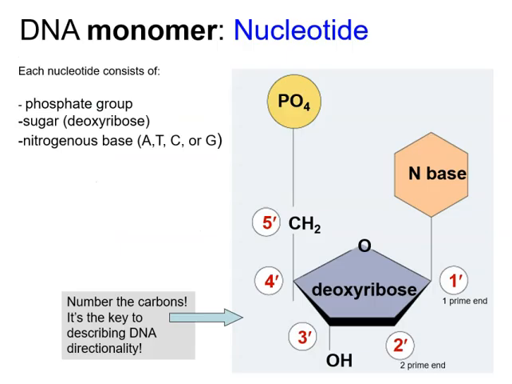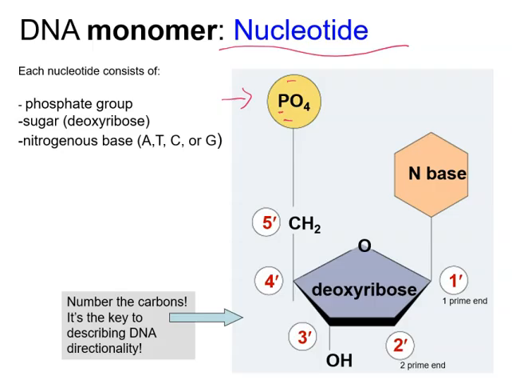So now let's look at what the DNA monomer, which is the nucleotide, looks like. If we look at it, we will see it consists basically of 3 components. So we have a phosphate group, and the phosphate group consists of phosphorus surrounded by 4 oxygen atoms, and we know that these oxygen atoms are going to be electronegative, so we'll have a negative charge.